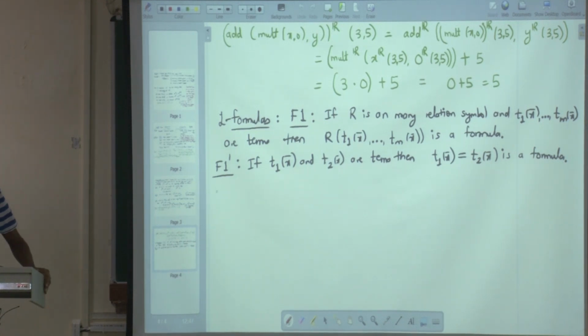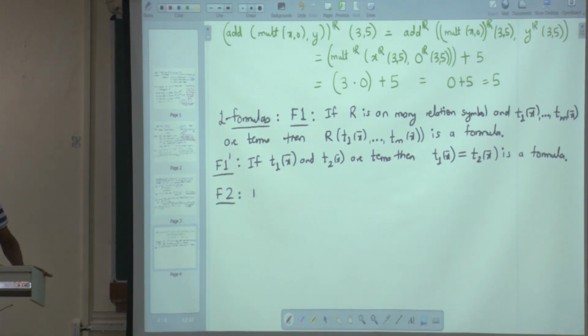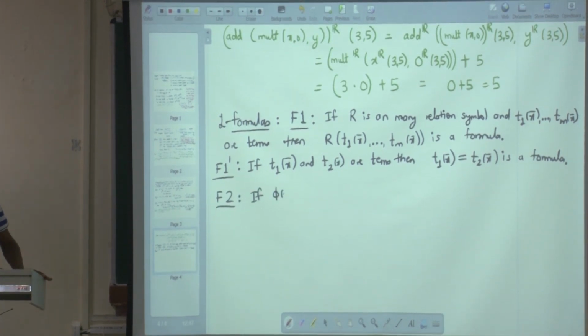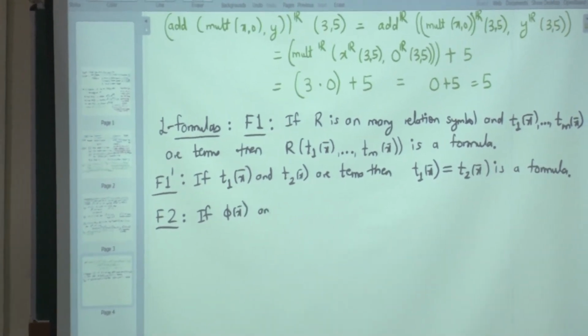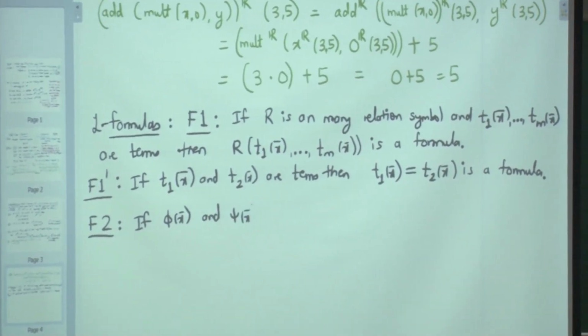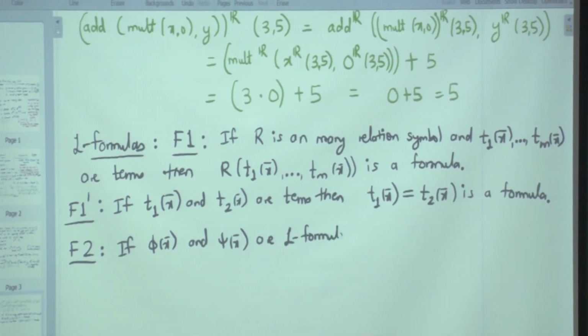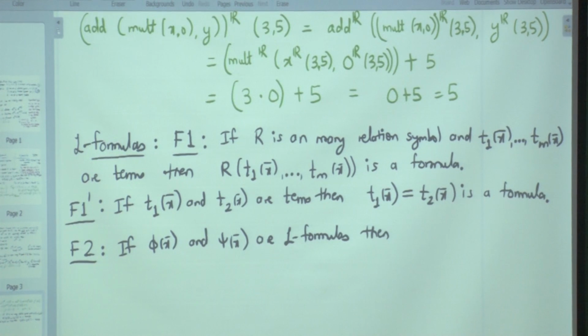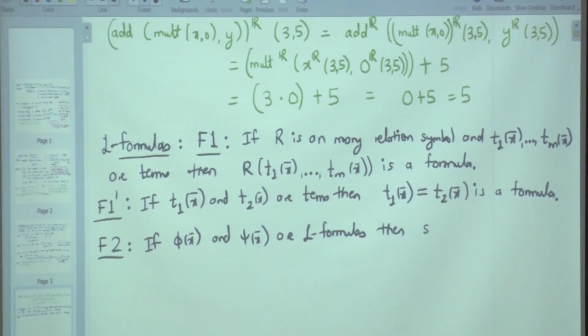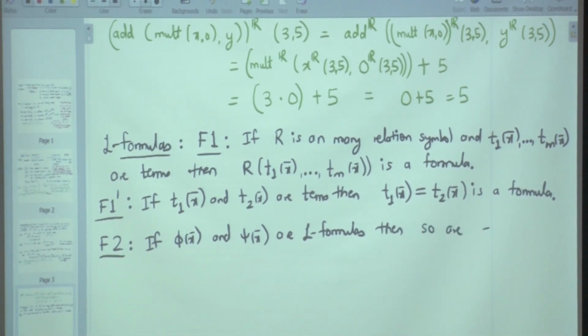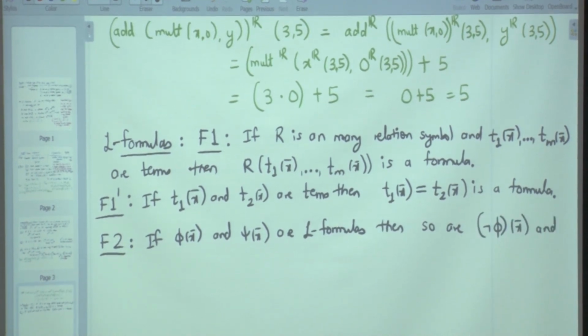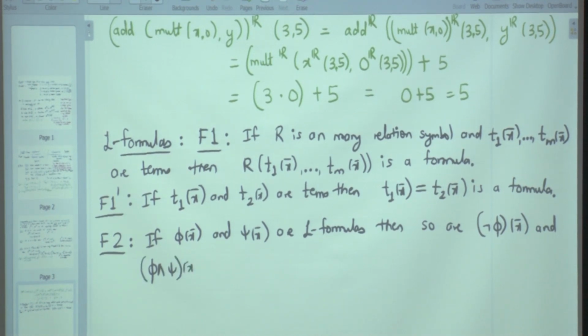Then F2. If phi(x bar) and psi(x bar) are L formulas, then so are negation phi(x bar) and phi conjunction psi(x bar).